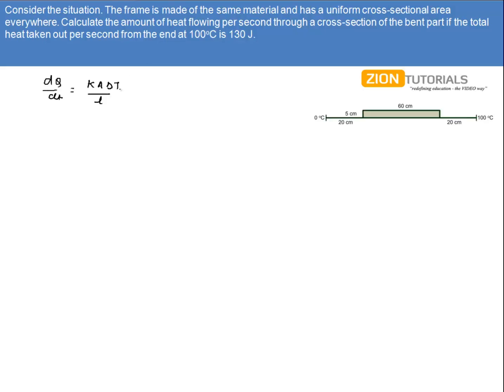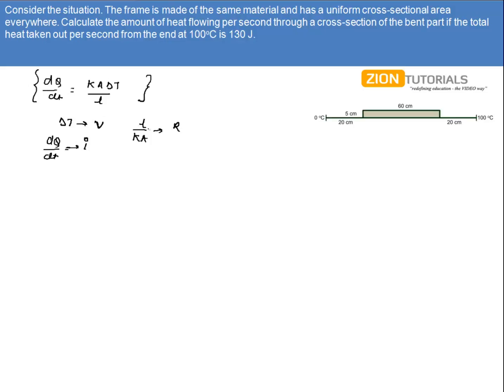Alright, now this formula has a similarity with the current electricity that we have studied. The similarity goes like this: ΔT works just like the potential difference between the two ends, dQ/dt works just like the current does in current electricity, and this L by KA works as my resistance.